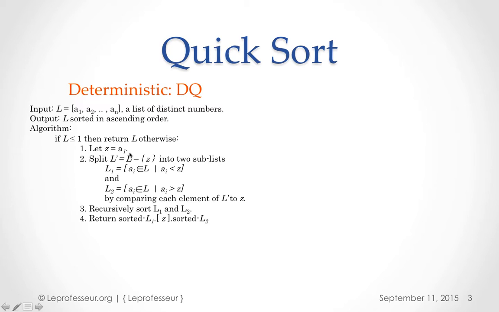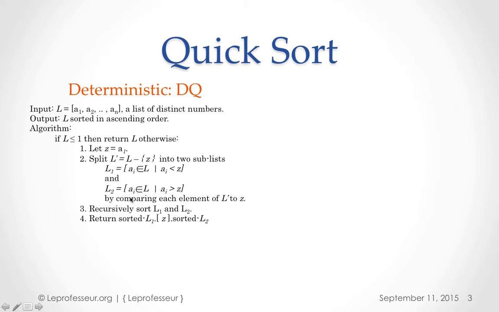Otherwise, let's assume that you take one variable z which is equal to a1, some element in the list. For simplicity, we just choose the leftmost element, or first, or you may choose any element. Now you split the list such that the elements which are less than z are in list L1, and the elements which are greater than z are in list L2. How do you do that?